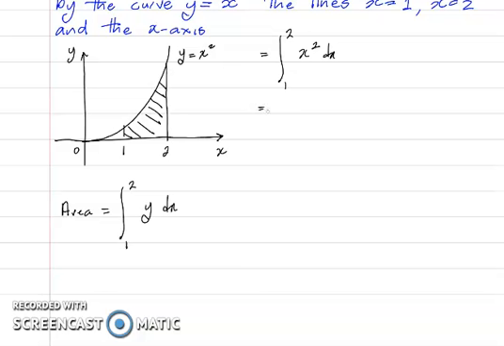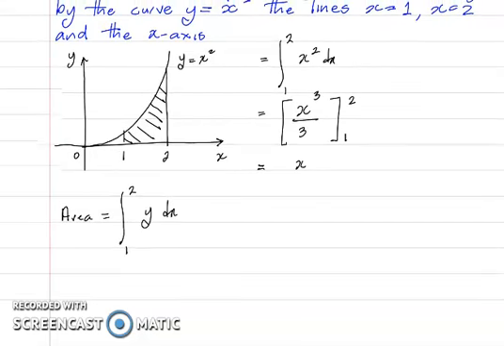Of course, when you integrate x squared, you increase the power by 1, so it's x cubed divided by the new power 3. And this is within the limits 1 to 2. So replace x with 2. We're going to get 2 cubed over 3, minus, replace x with 1, 1 cubed over 3.